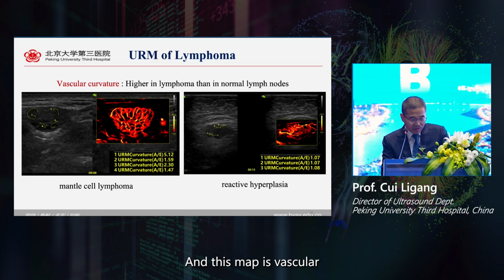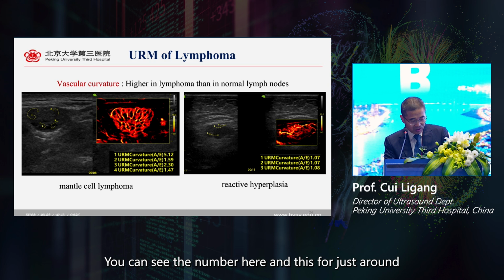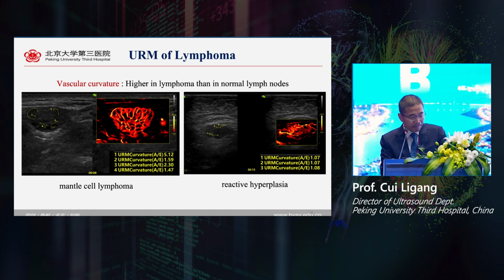And this map is a vascular curvature, also higher in lymphoma than in normal lymph node. You can see the number here, and this one is just around 1.07 for the normal lymph node.